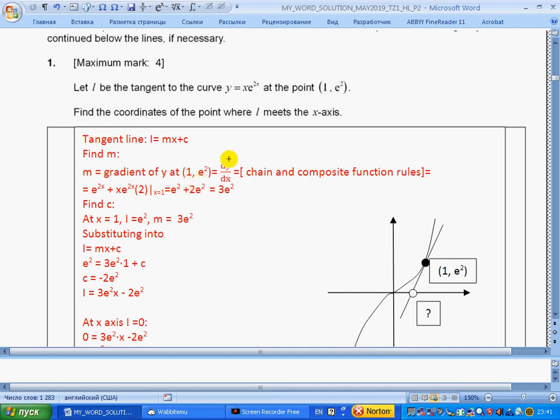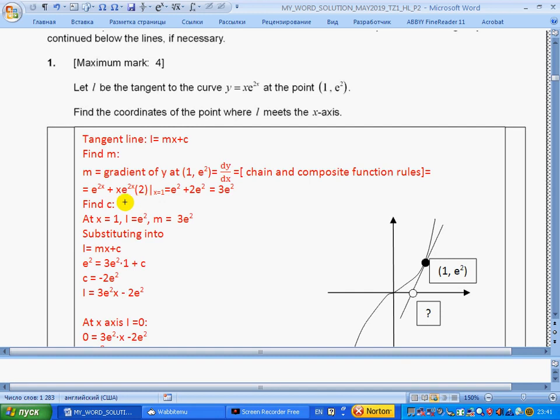So we find the gradient. The gradient is equal to the first derivative, so we find the first derivative of this function. Here we use the product rule and then the chain rule.